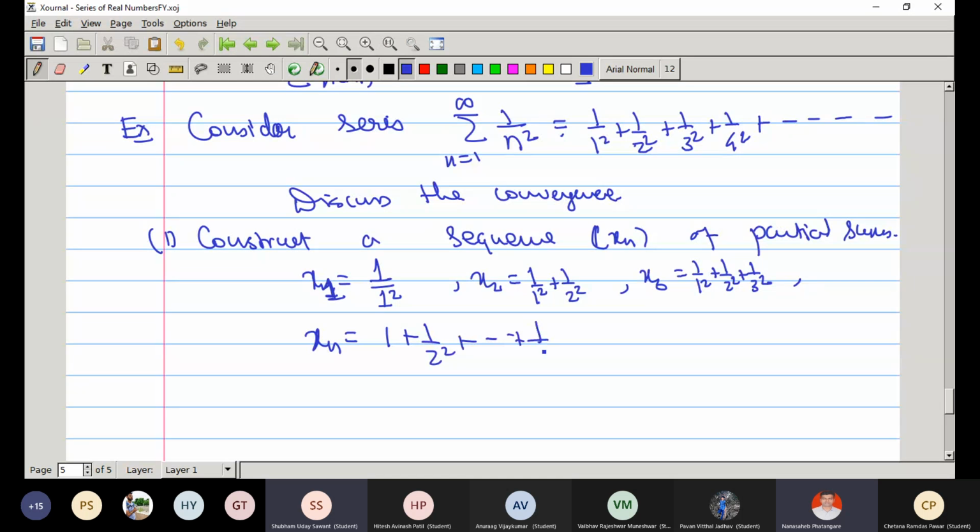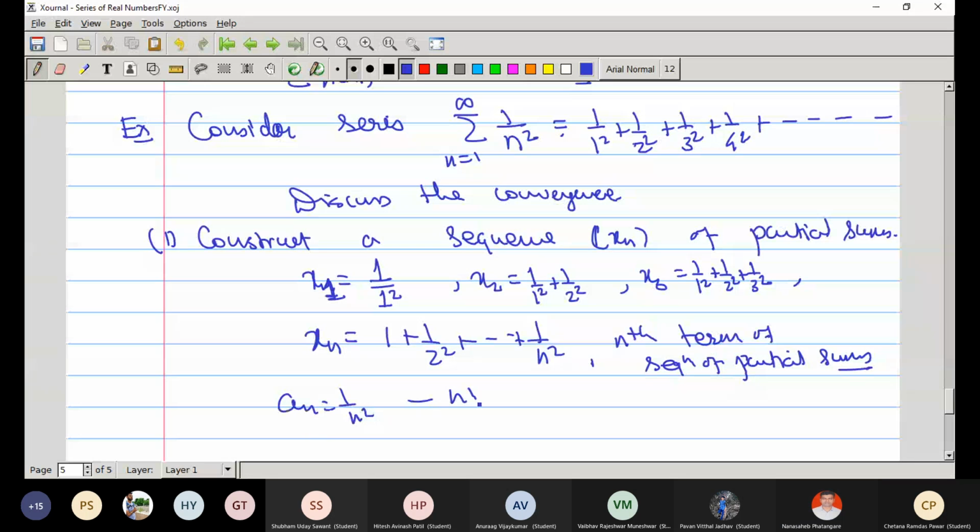Right. Now, there should not be confusion. The nth term of the series is 1 by n square, but the nth term of the sequence of partial sums is this. An is equal to 1 by n square is the nth term of the series.